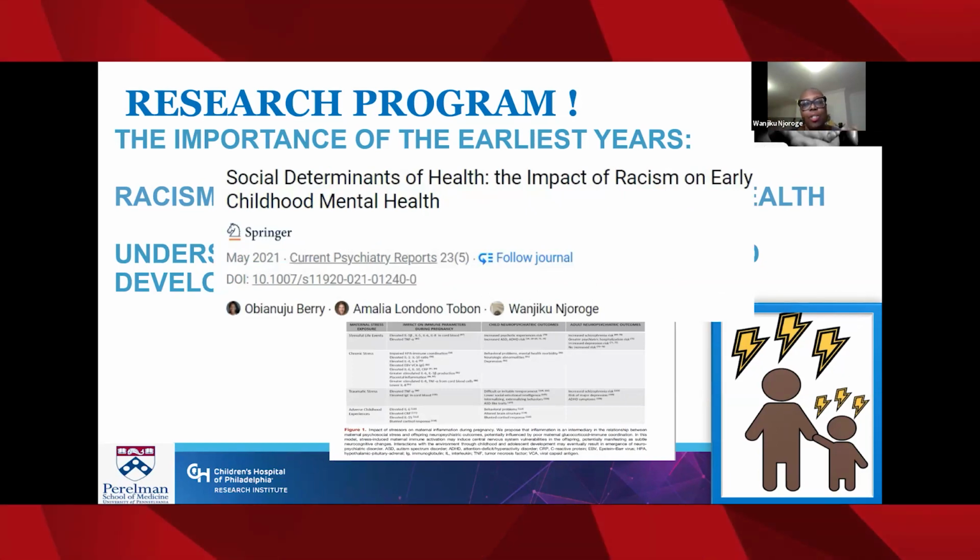And this led to another paper that I did with some colleagues from ACAP, Dr. Uji Berry, who was at NYU, Dr. Malyan Tombon, who was at Georgetown, and all of us are working in the earliest years, and all of us are interested in health equity.